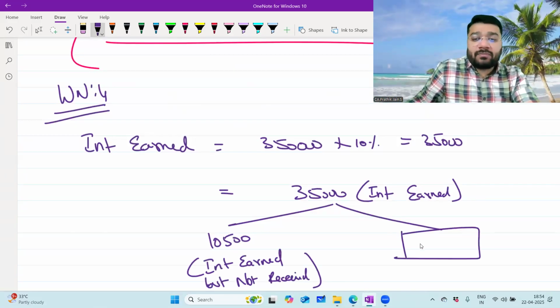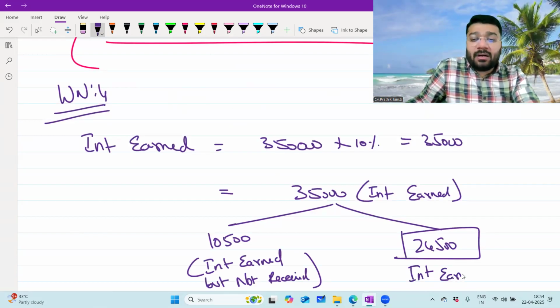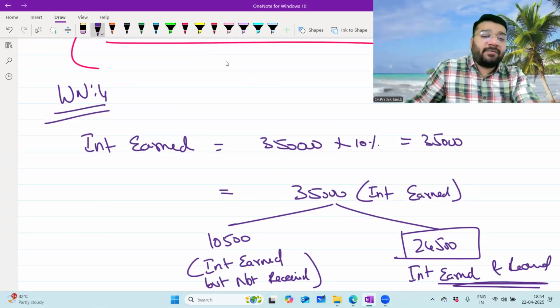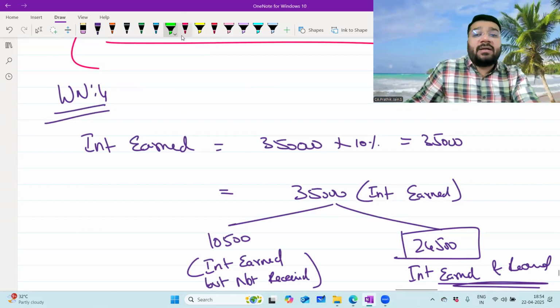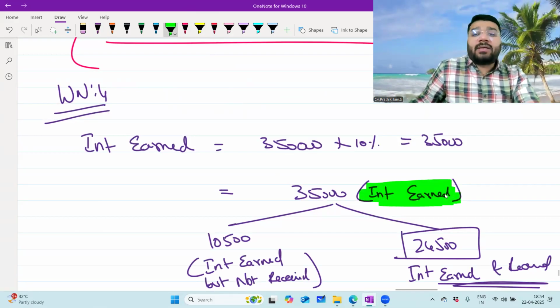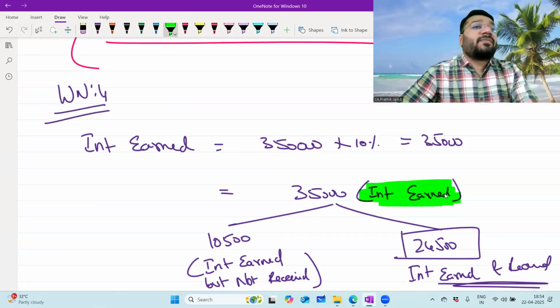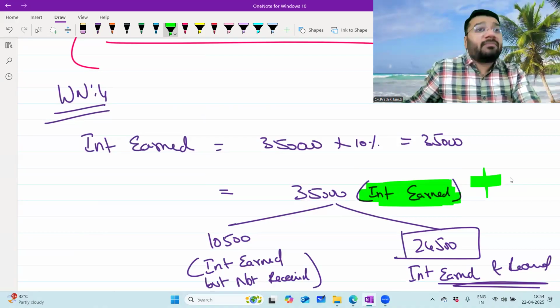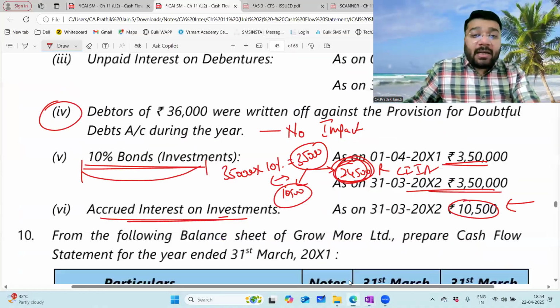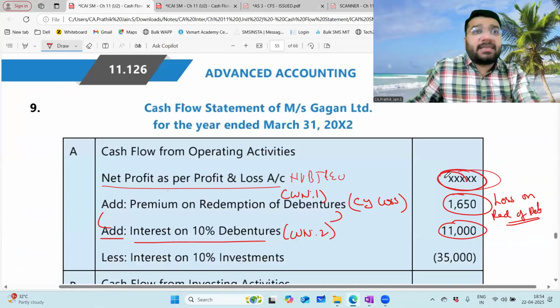So balance is how much? 24,500, interest earned and received. So what is my total interest earned? Accrual concept says that record the income which is earned. So I would have added this in your other income. So this is included in your net profit before tax and extraordinary item. It is included, but we have to minus it.